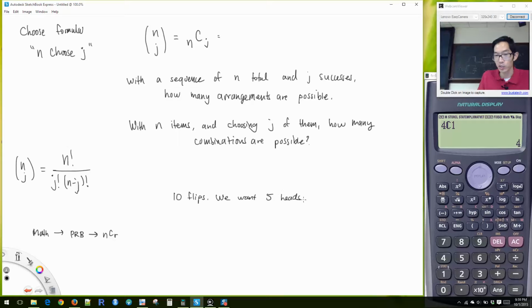How many arrangements? We would do 10 choose 5, which can also be written in the other notation. So on the calculator I would do 10, shift, divide, 5, 10 choose 5, and it says there are 252 arrangements.